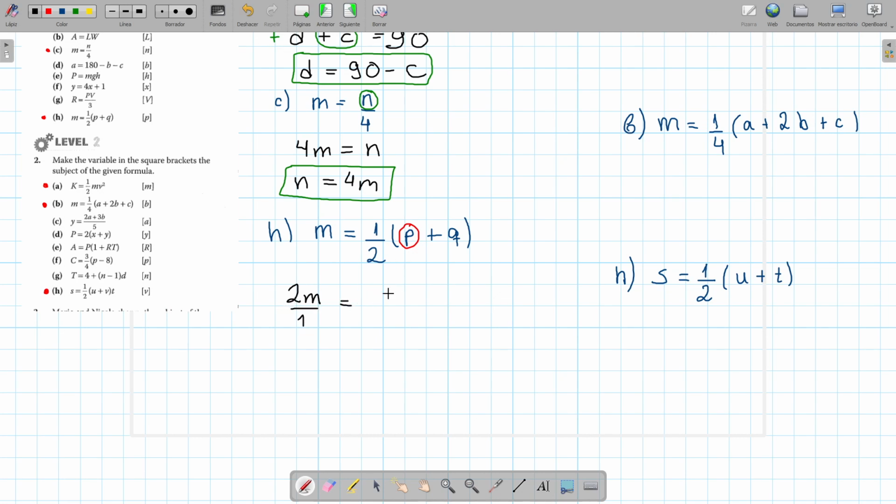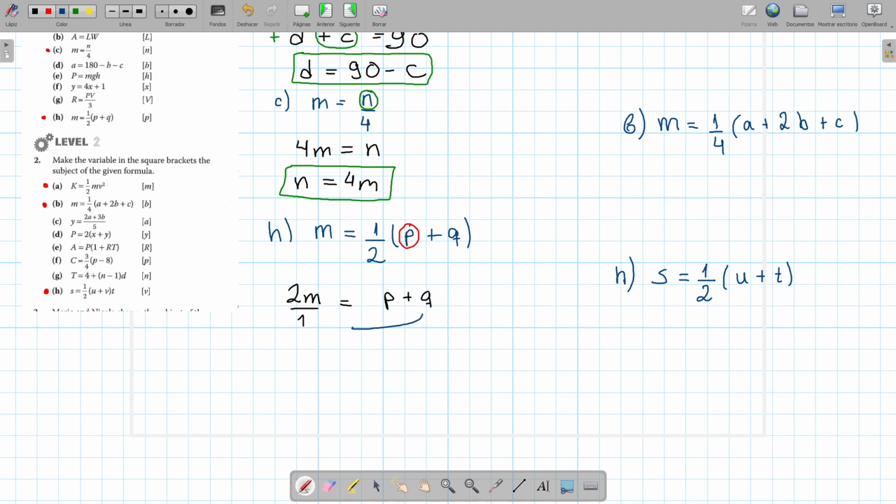Now on the other side, we have parenthesis p plus q. But we can ignore the parentheses. When we don't have anything next to them, we can erase them. We are almost done. Now, q, I will send to the other side because I need p to be alone.